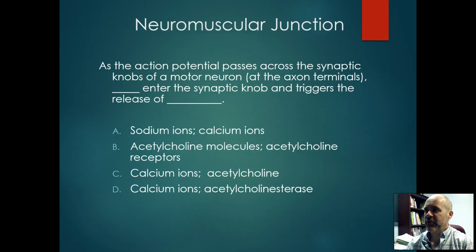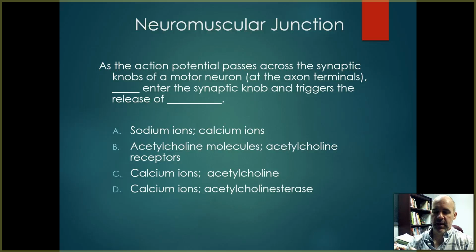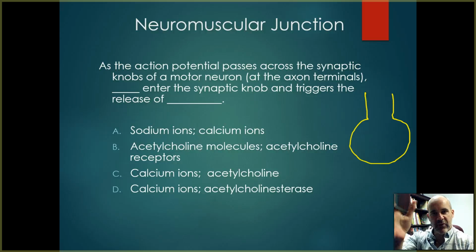All right, so some questions here about the neuromuscular junction. As the action potential passes across the synaptic knobs of a motor neuron at the axon terminals, blank enter the synaptic knob and triggers the release of blank. So again, now here we're thinking about the synaptic knob. An action potential has come down the axon, it passes across the synaptic knob membrane like a wave.